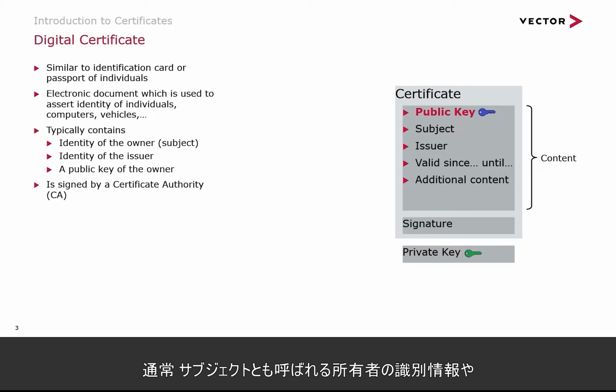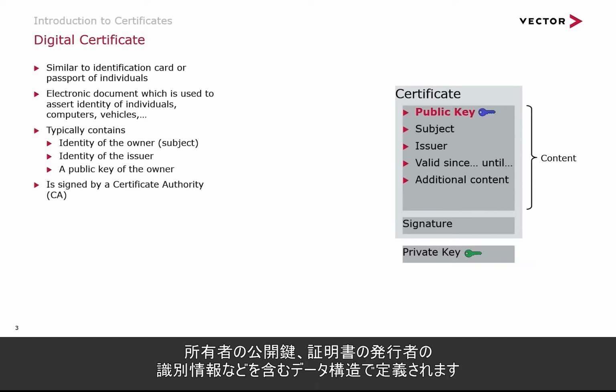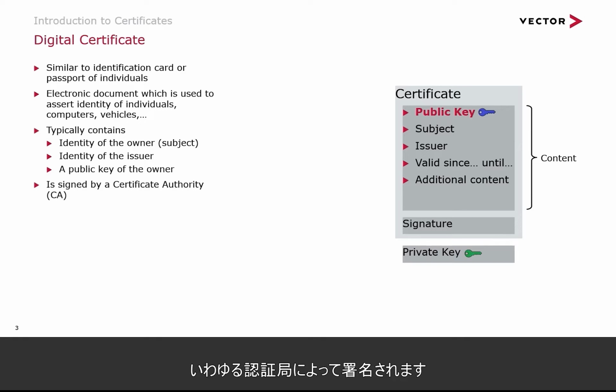It has a defined structure that typically contains the identity of the owner, also called the subject, the identity of the issuer, and the public key of the owner. And it's signed by a so-called certificate authority.